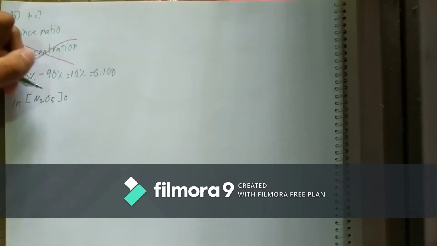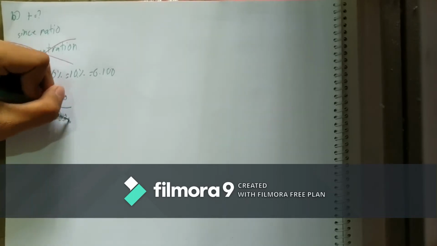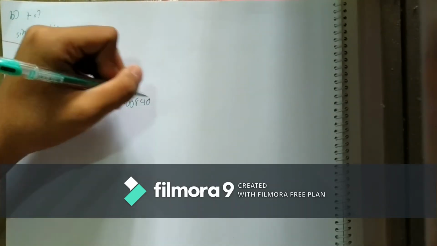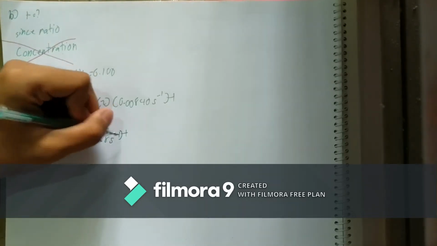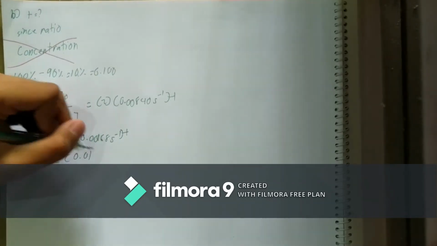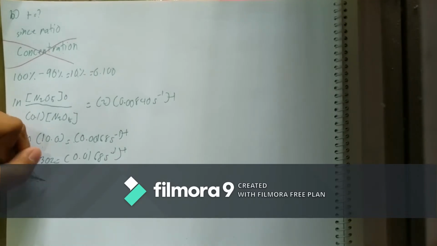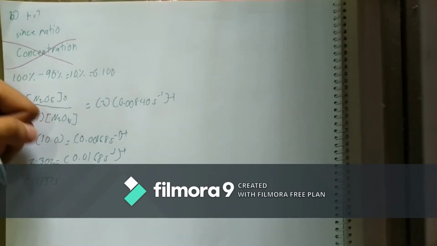We make this substitution into the integrated rate equation and solve for the elapsed time t, where t is equal to 137 seconds.